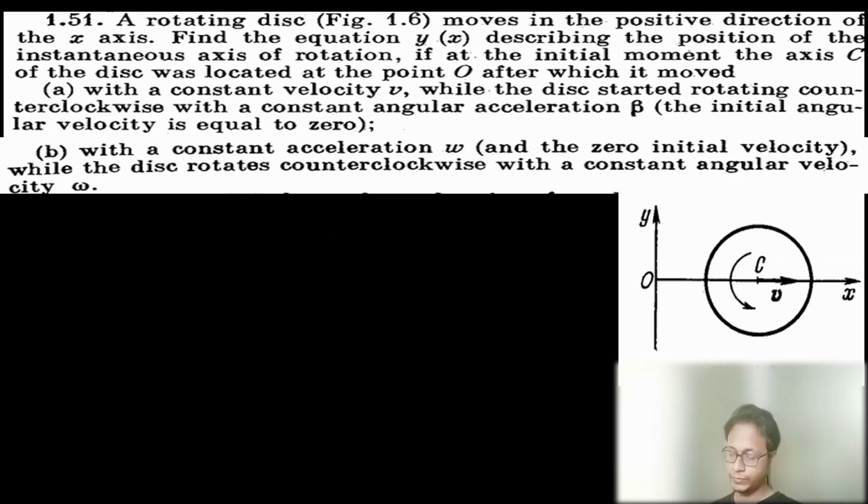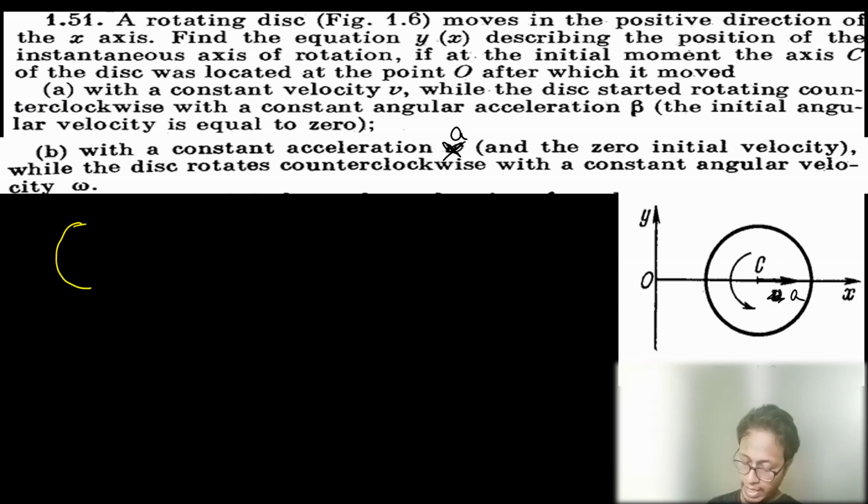Now the second part of the question. The disk is sliding with a constant acceleration w. In order to avoid confusion, let's make this variable constant acceleration a. That means the disk is moving with constant acceleration a, with zero initial velocity, while the disk rotates counterclockwise with constant angular velocity omega.